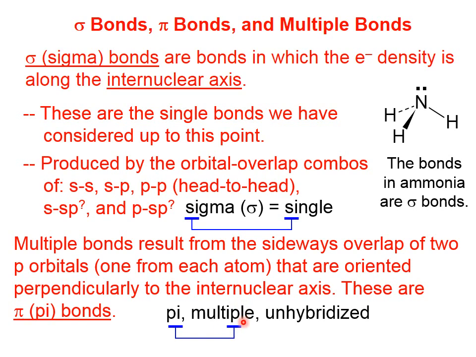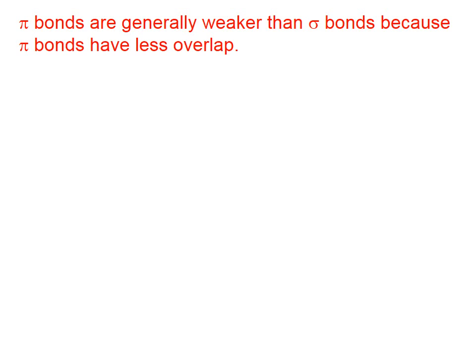Now, it's written backwards, but it's definitely there. And multiple and unhybridized, they both have the same vowel sound. Multiple bonds result from unhybridized p orbitals. Pi bonds are generally weaker than sigma bonds because pi bonds have less overlap.